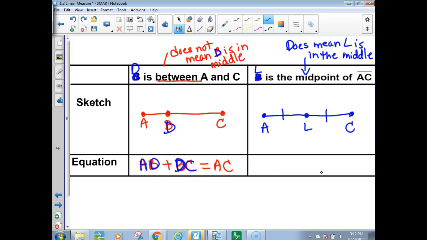It's just different. We don't need to say AL plus LC equals AC. We want to say something new. So if we're given a midpoint, we're going to say AL equals LC. The distance A to L is equal to the distance from L to C because of that word midpoint. A midpoint cuts a segment in half.